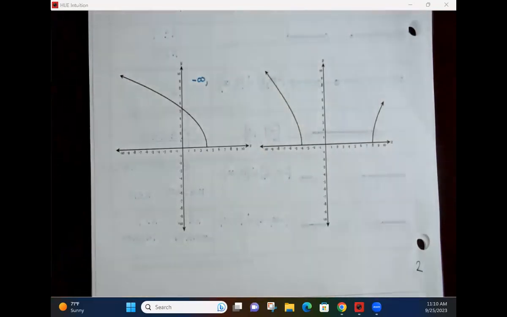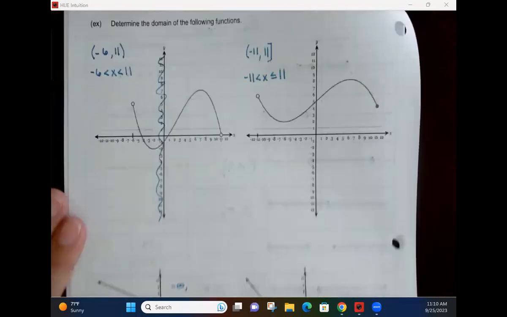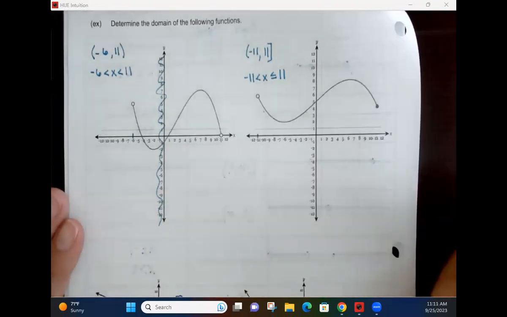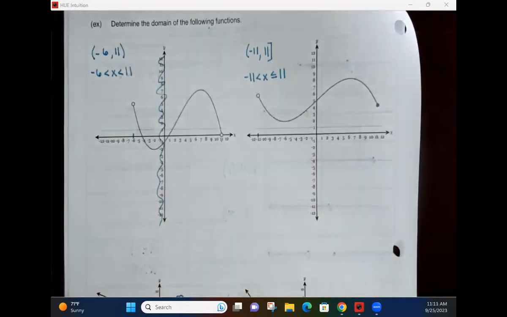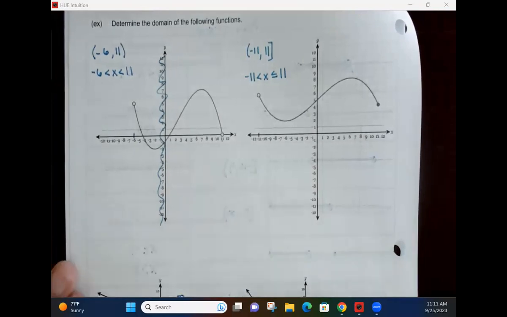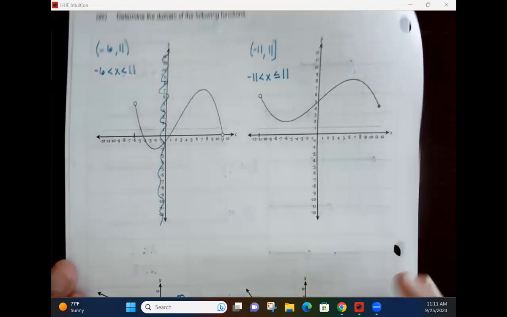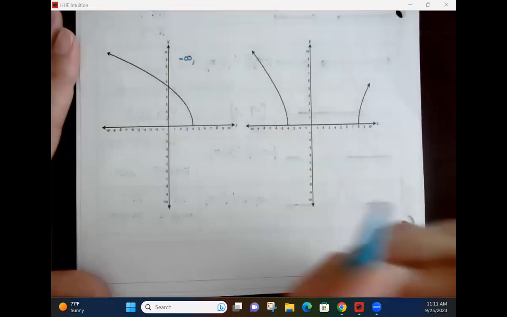Now, as we start looking at domain and range of functions, if I look at my earlier problems, I had a big bolded point here at 11, right? With these big dramatic points marked for us so we could be extra sure of where that place was. I don't have a big bolded point here.